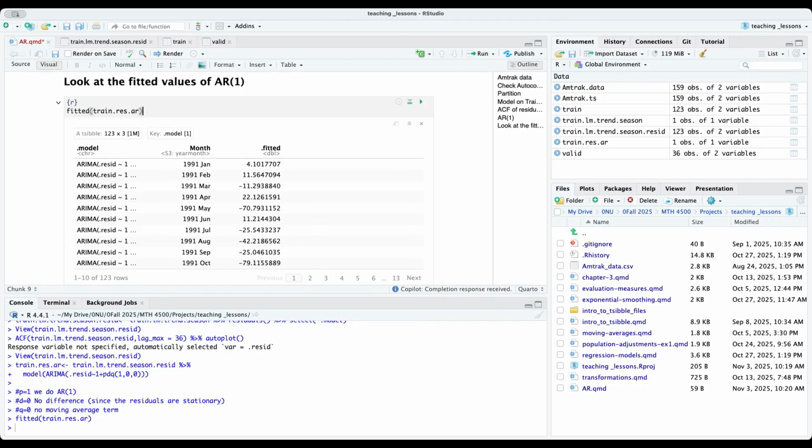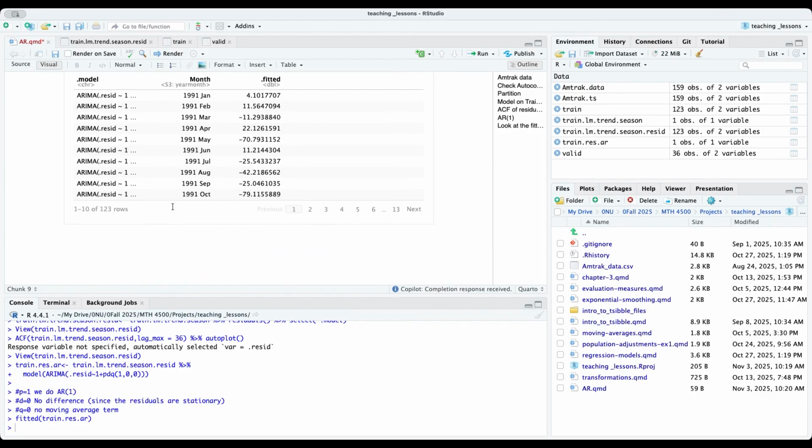Remember, we have actual values, these, and these are the fitted values. Now, let's plot the actual residuals and the fitted residuals and see the differences.